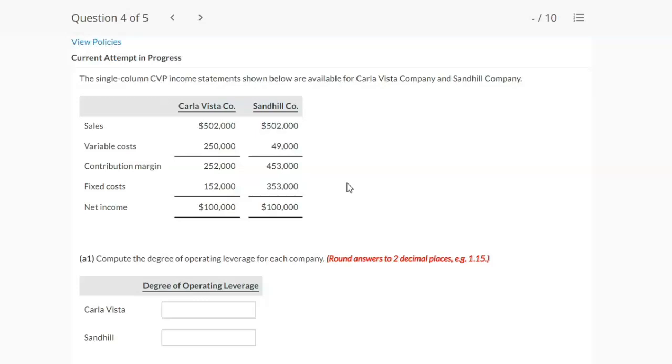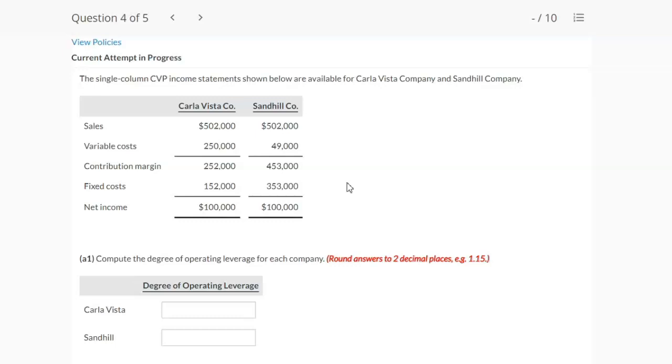So now it says compute the degree of operating leverage. The degree of operating leverage is the contribution margin divided by the net income. So what's the contribution margin for Clara Vista?